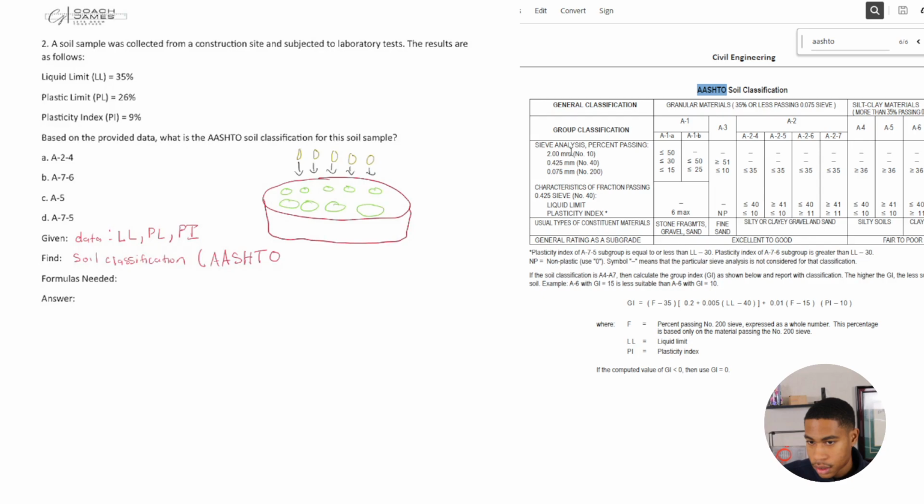Like 2 millimeter versus a 0.425 millimeter, right? Some are big. The number 10 is going to be bigger in size than the number 40, right? Because of the size of the sieve.